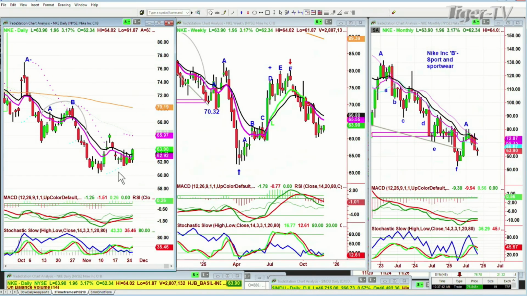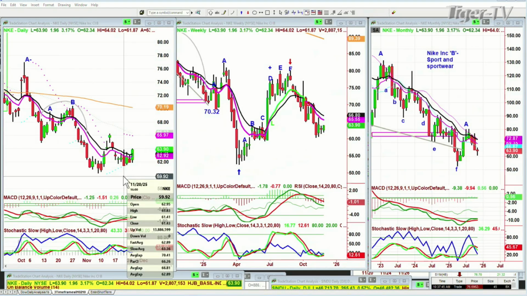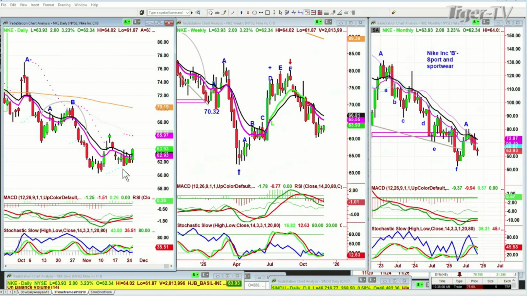Well, because the day is young, but if it can close above the candle high of the 20th of November, NKE is the symbol, trading at 63.89, up $1.96. If it can close above 63.83, no, if it can touch 64.75 in the next 2 days, I would say correct that it is basing, and that kind of goes Nike.